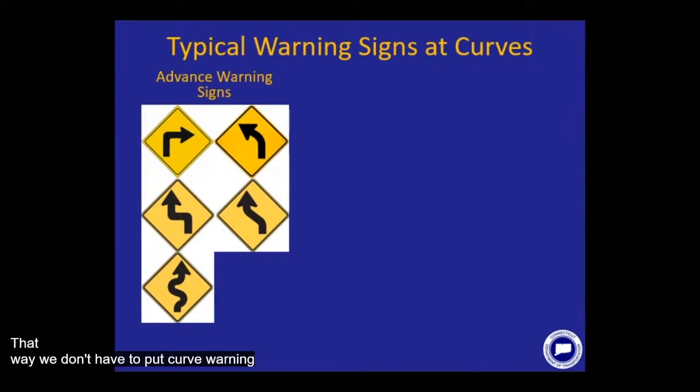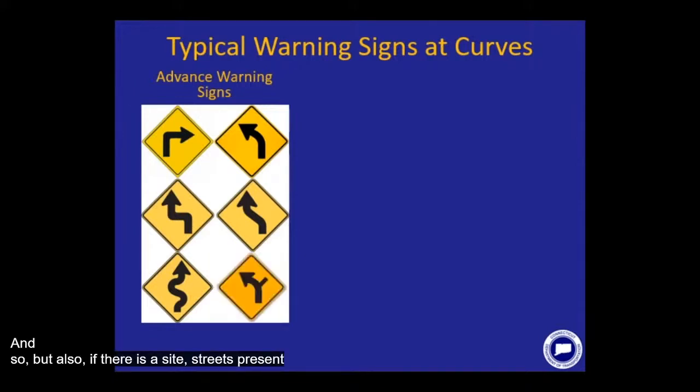That way we don't have to put curve warning signs at each and every individual curve location. We can consolidate them all into one series. But also if there's a side street present on the curve, we would also need to note that on the sign as well.